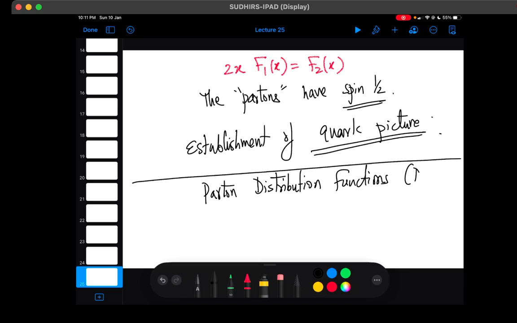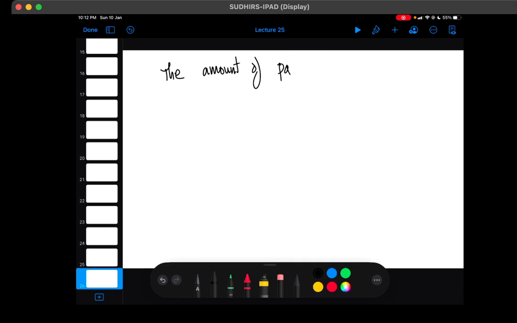They tell you the probability distribution of a particular quark present inside a proton. Normally you have the valence quarks, which are essentially U and D. You know the proton is made up of U and D quarks.